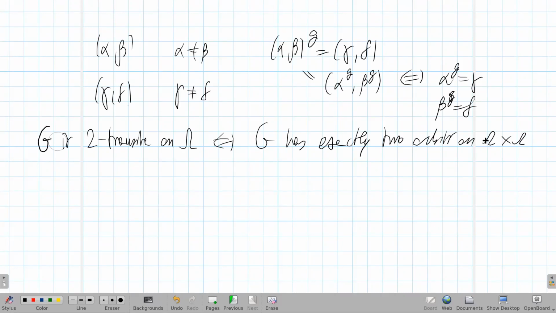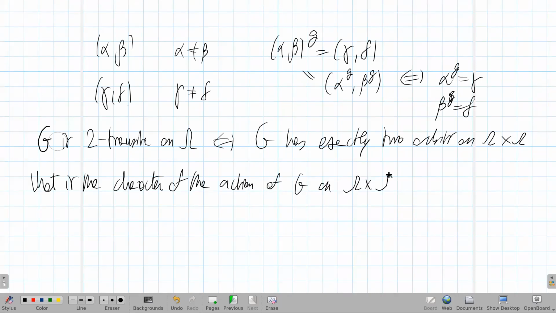Now, of course, our question is, we know that the number of orbits can be read from the character. And so we ask ourselves, what is the character of the action of G on omega times omega?